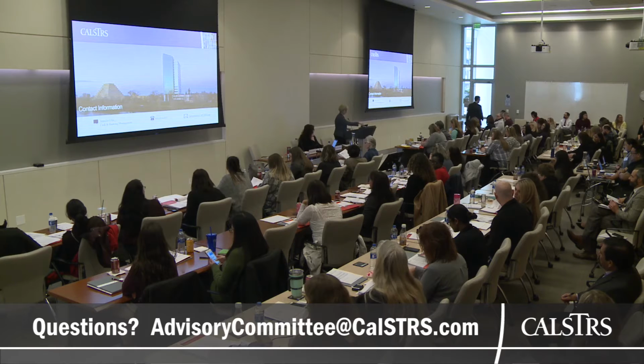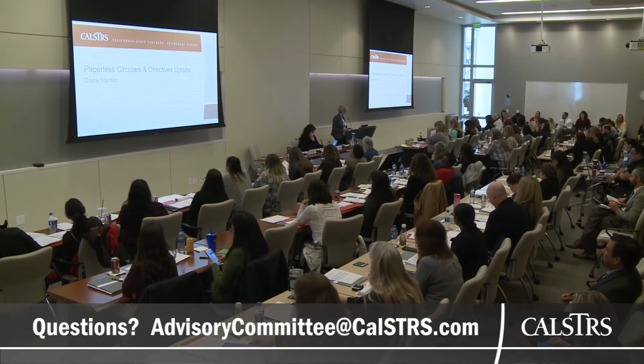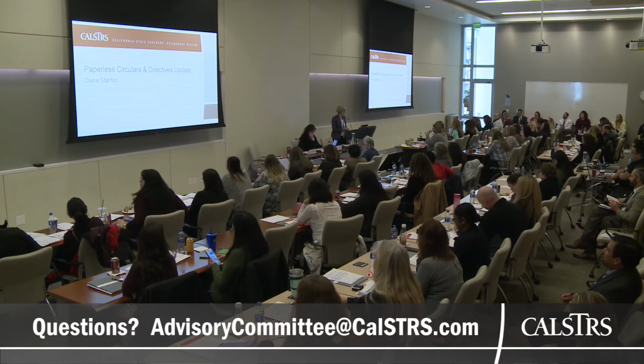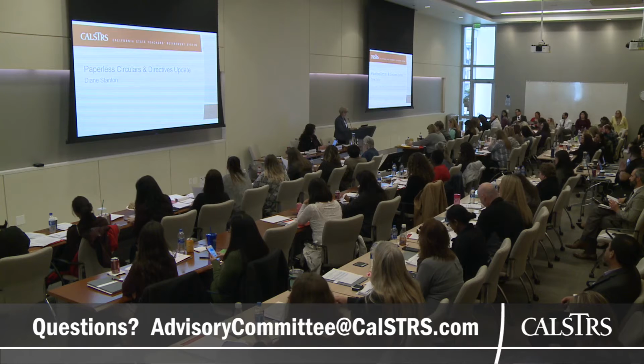Thank you, David. Okay. So on that same theme of e-payments, as we announced in November at our last meeting, CalSTRS was going to be moving towards paperless circulars and directives. Some of the comments that we heard were that some folks aren't on so frequently or regularly and wanted to make sure that they were kept up to date on the content of our circulars and directives.